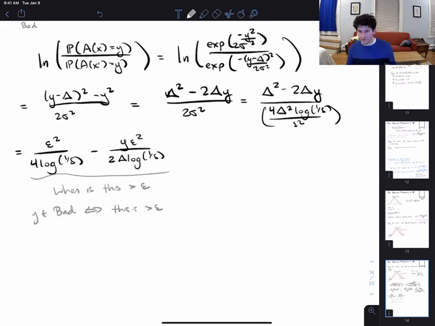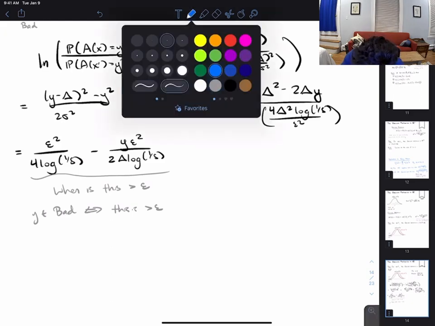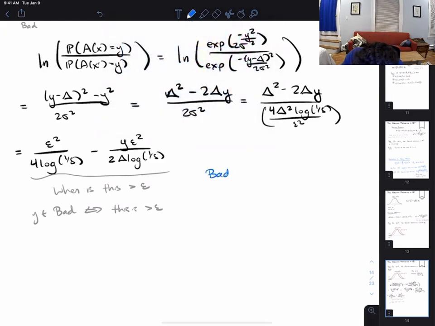Okay, so the set of bad y's is exactly when this thing is bigger than epsilon. Here we can just do a little bit of algebra and see that bad is a subset of y where y is bigger than negative 2 delta over epsilon log 1 over delta.